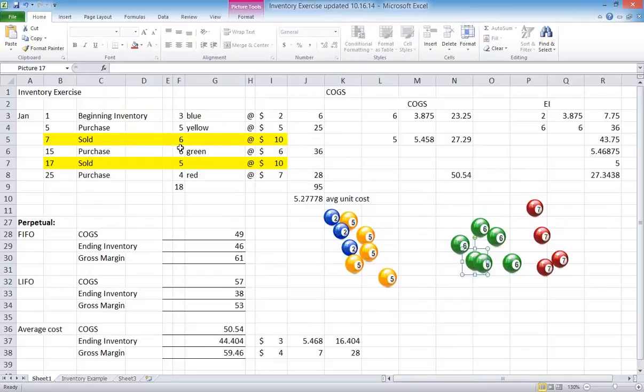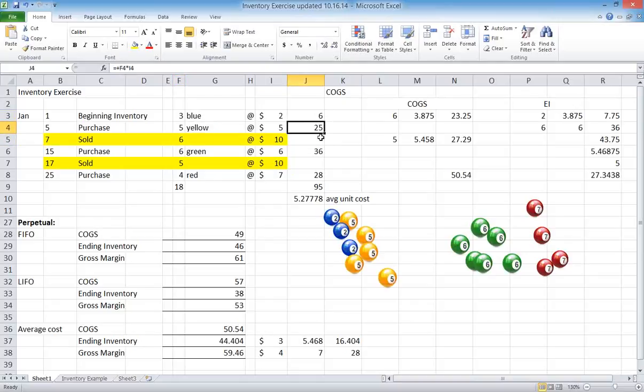So when I get ready to sell these 6, I have to determine what is the average cost for the 3 blue plus the 5 yellow. So 3 times 2 is 6, 5 times 5 is 25.